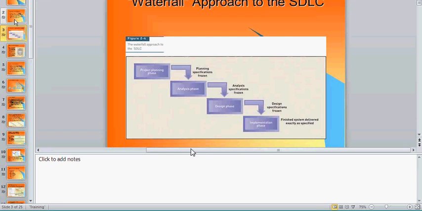Yes or no? So what kind of approach is that? Who remembers the approach? Traditional, very nice. Okay? So this is the traditional approach.